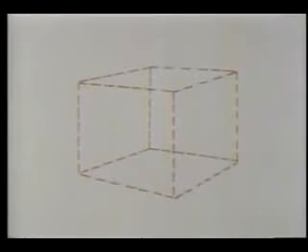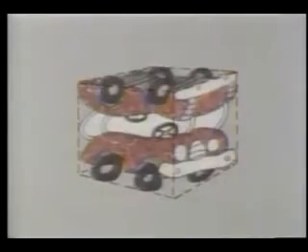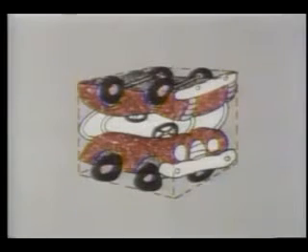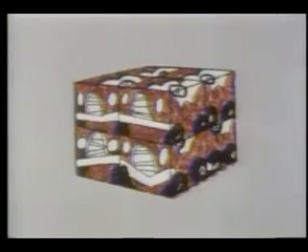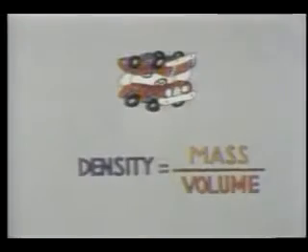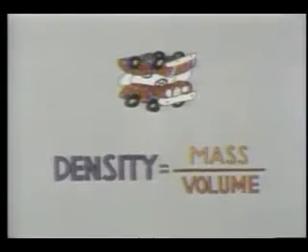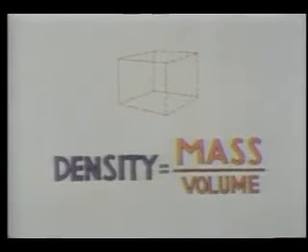If we look at the density of the container, we see that when it holds 2 2,000 kilogram cars, it's a quarter as dense as when it holds 8 2,000 kilogram cars. In this case, you increase density by keeping the volume the same, but increasing the mass.